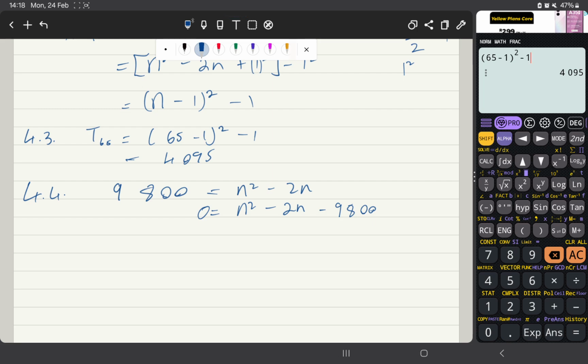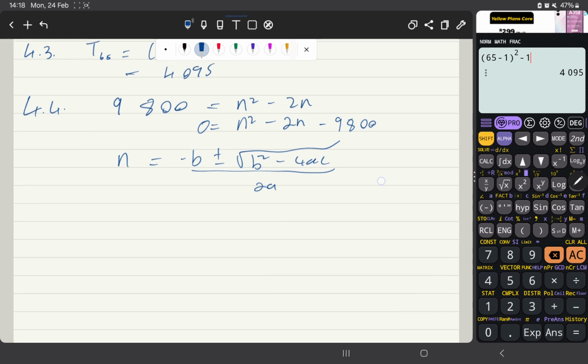Yeah, so to be very fast, I'll use the quadratic formula. I'll say n is equal to minus b plus or minus square root of b squared minus 4ac over 2a. That means I have 2 plus or minus square root of, this is gonna be 4, minus 4 into 1, and minus 9,800.